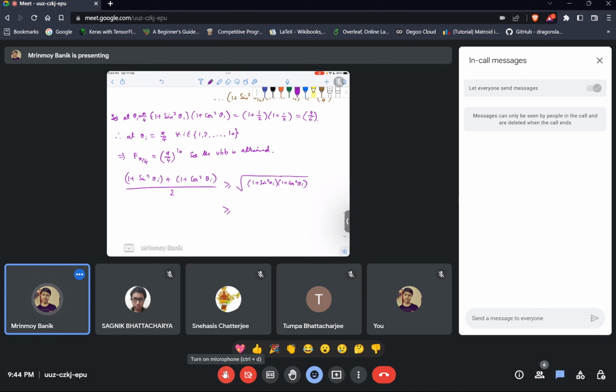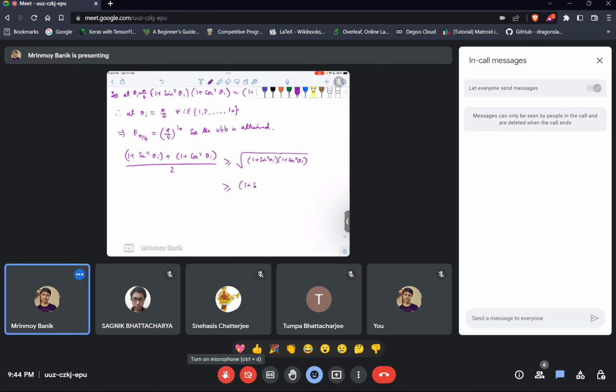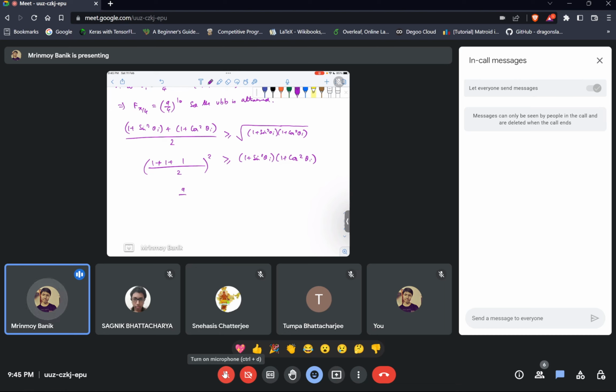Squaring both sides, our expression actually comes on the right. So it's 1 plus sine squared theta i plus cos squared theta i, which is another 1. So we get 9 by 4.